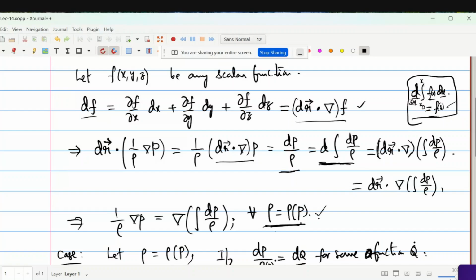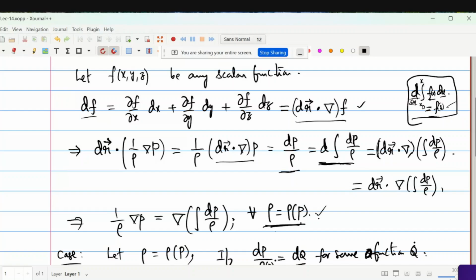Differentiating this is simply dp by rho. That is your left hand side. That makes sense. That is what we have actually shown.